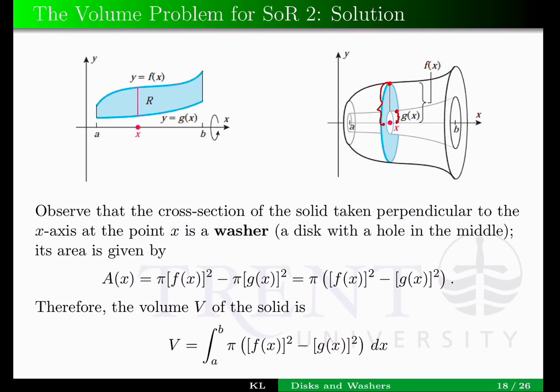Now, normally, we don't know which is actually the f of x or g of x. So what I usually do, if we have our washer, what we need to identify is the bigger radius and, of course, the smaller radius.